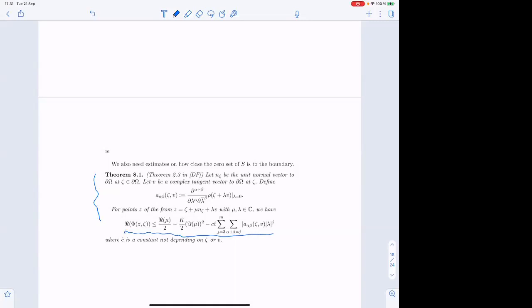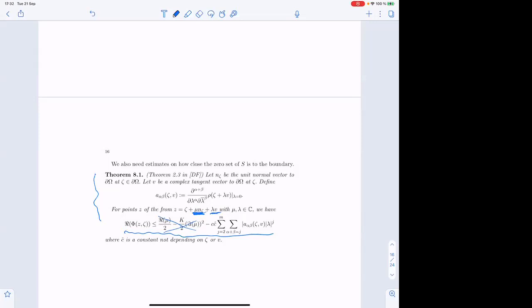So let's say mu is a coordinate in a normal direction. We don't worry about that. We worry mainly about the complex tangent directions. And v is a complex tangent vector. Lambda is a parameter in the complex tangent direction. So this is what happens in the complex tangent direction.